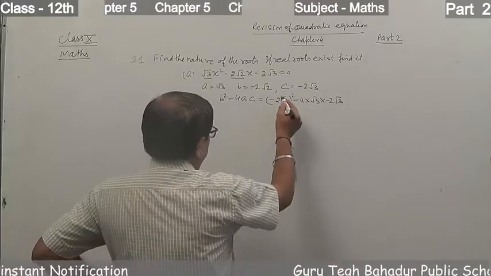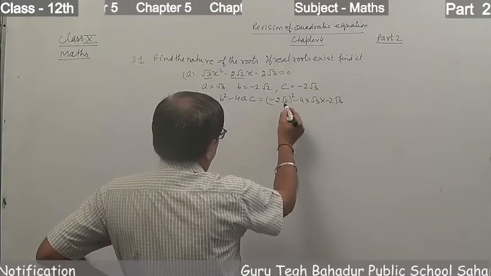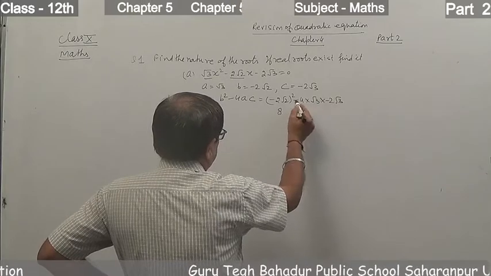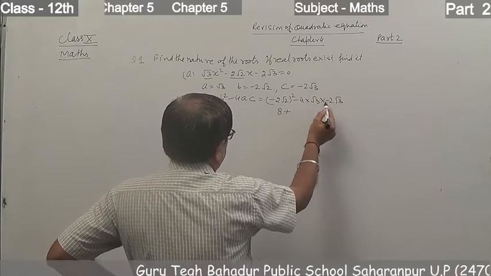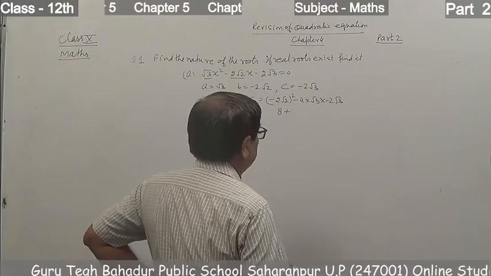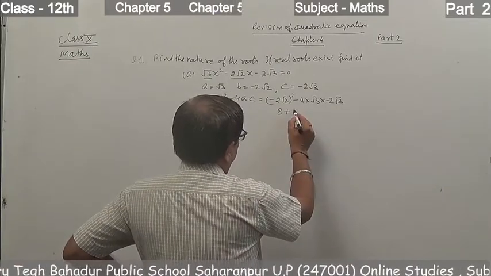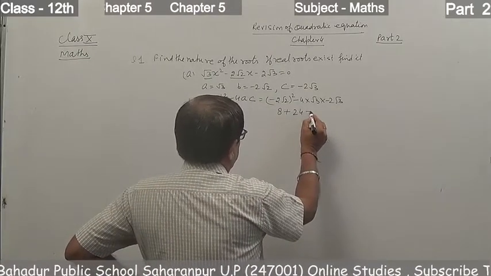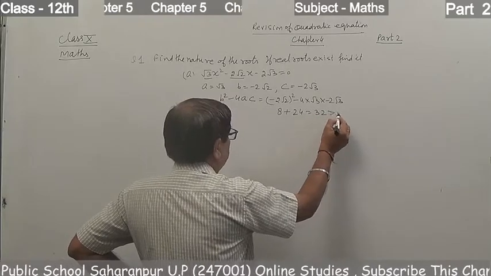Minus 2 square is 4, root 2 square is 2, 4 into 2 is 8, minus minus plus, 4 into 2 is 8, root 3 into root 3 is 3, 8 into 3 is 24, that is equal to 32, which is greater than 0.